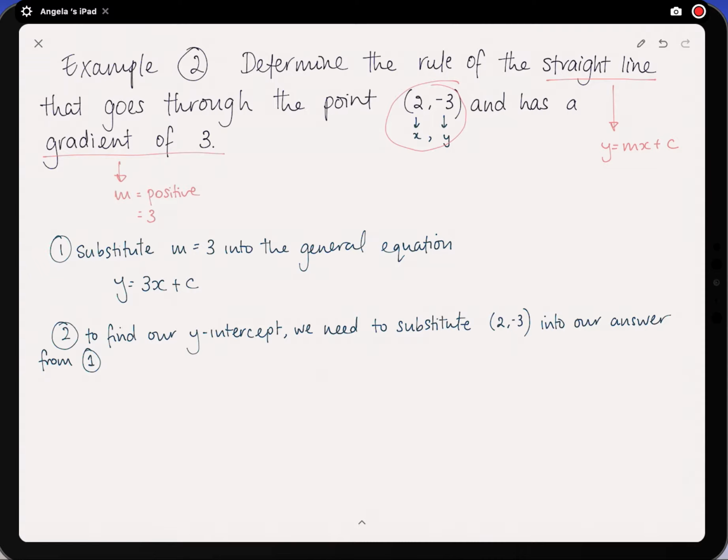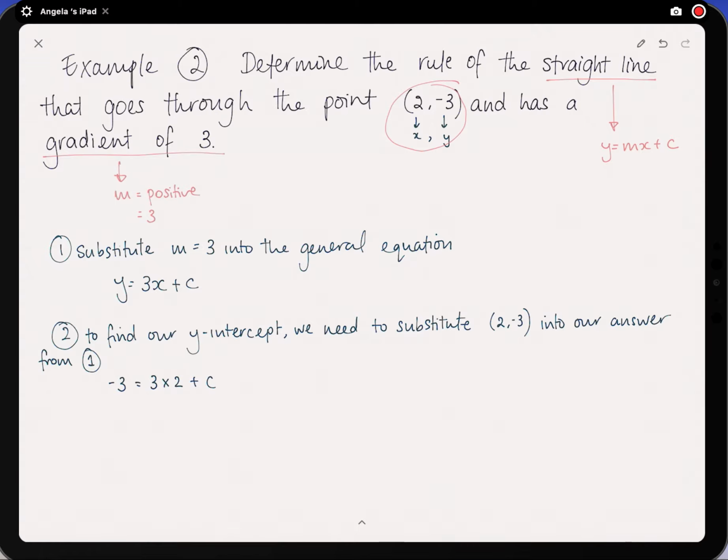So where y is, we're going to replace it with -3, because remember in our coordinate y is -3, and that equals 3 times 2 plus c.